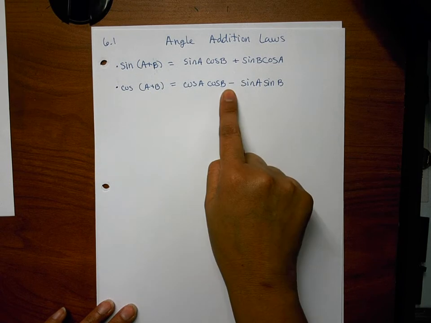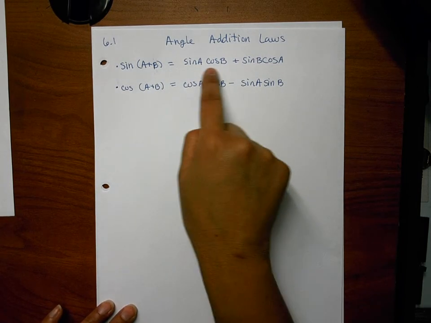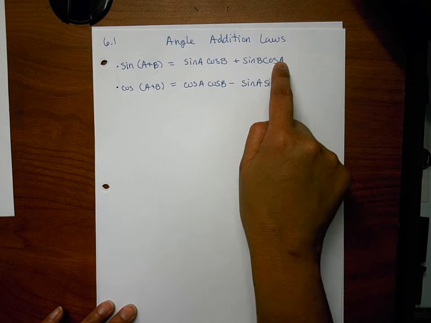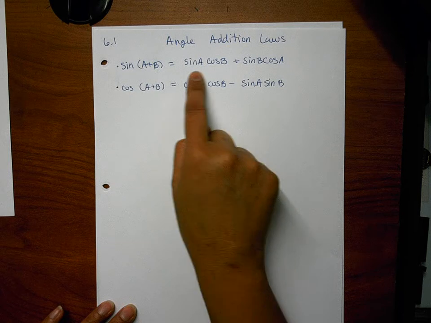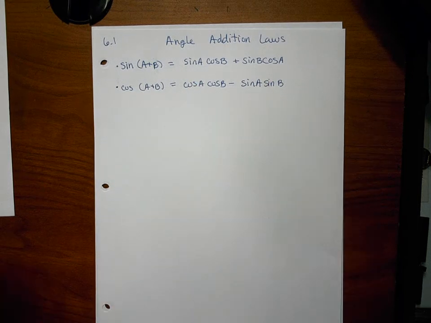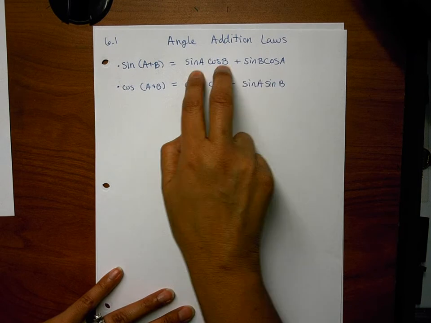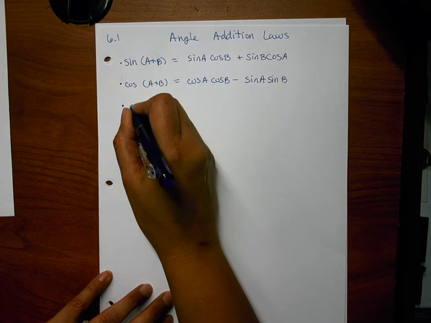Sine, you can see, keeps the sign. It's plus, it's plus. Cosine is opposite. Plus becomes minus. I think of it that sine is friendly. They intermingle sine with cosine, sine with cosine. The cosine is snobby. It only hangs out with itself. Cosine stays with cosine, and sine stays with sine. So that's how I try to remember it, which one goes where.